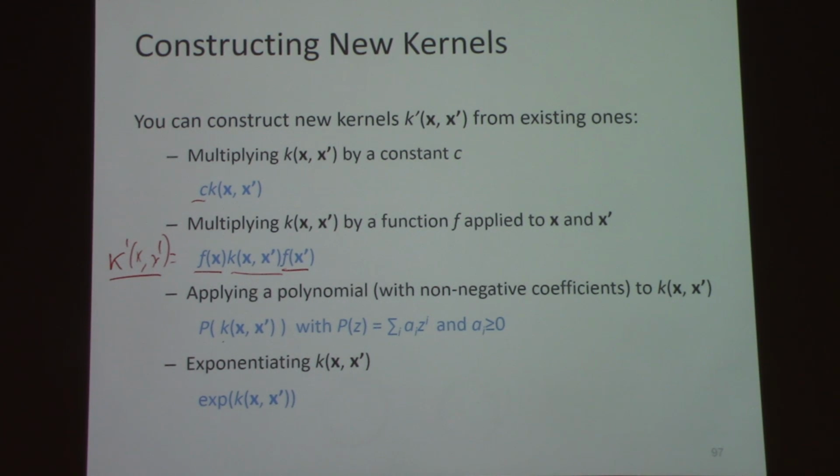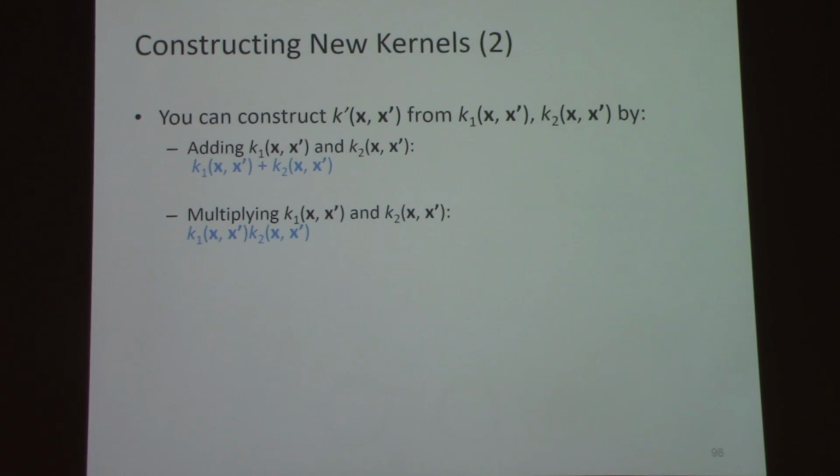If you compute the value of the kernel and calculate some polynomial value of it, so you get something like 1 plus k square and so on, that's also a kernel. Exponentiating a kernel gives you a kernel. Adding 2 kernels gives you a valid kernel. Multiplying 2 kernels gives you a valid kernel.